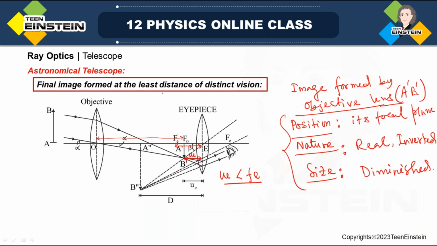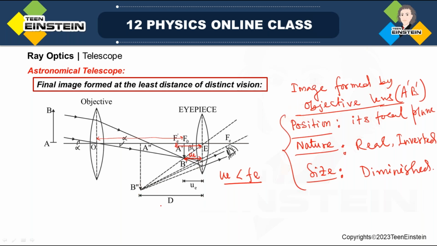But we have adjusted it such that this enlarged image, or the final image, is formed at the least distance of distinct vision from the eye. So that is D here. Since we keep the eye very near to the eyepiece, all the distances we measure from this eyepiece lens will be measured as if from the eye itself.